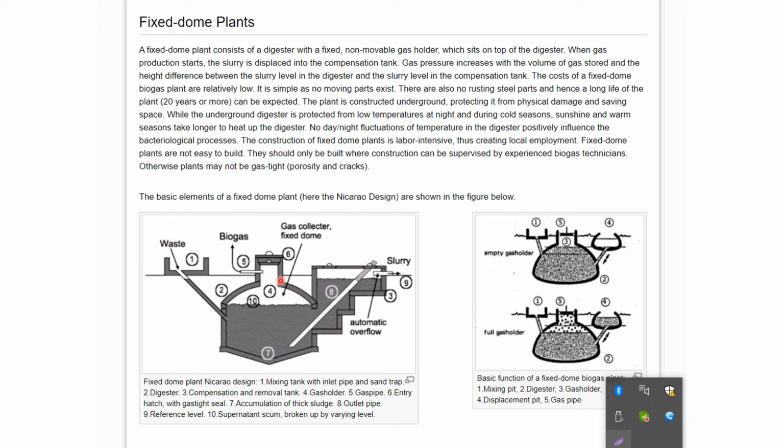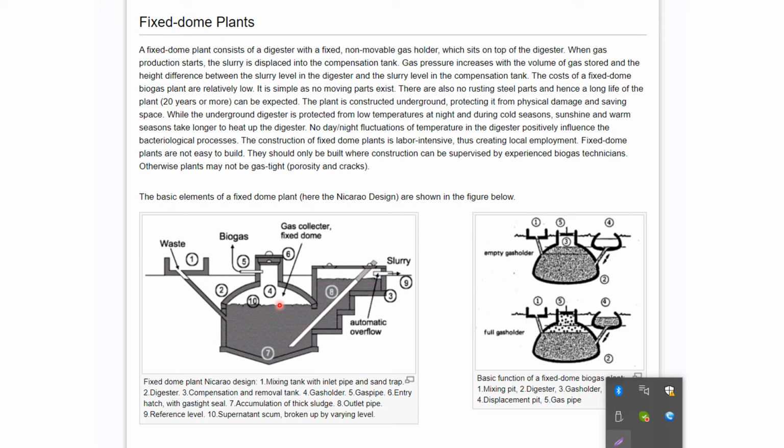When the production starts, the slurry is displaced into the condensation tank, and gas pressure increases with the volume. The waste materials can be inserted using this knob here, and after a few days of anaerobic process, gas will be evolved, and the slurry produced can be moved automatically. That will be lifted to the slurry tank, from which it can be removed. That is a small description of a fixed dome type biogas plant.